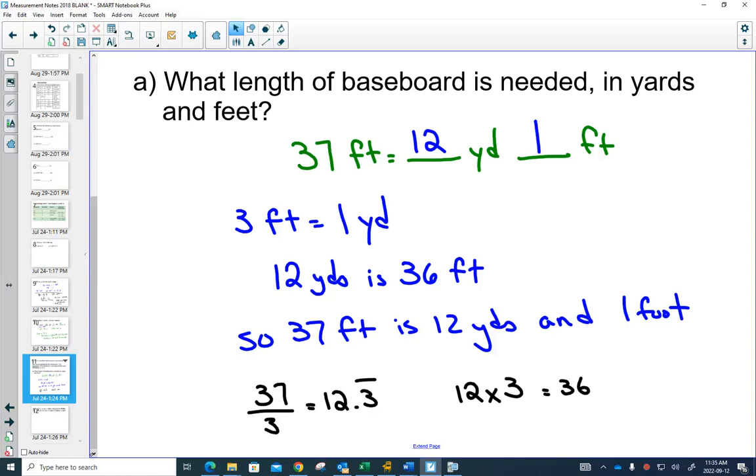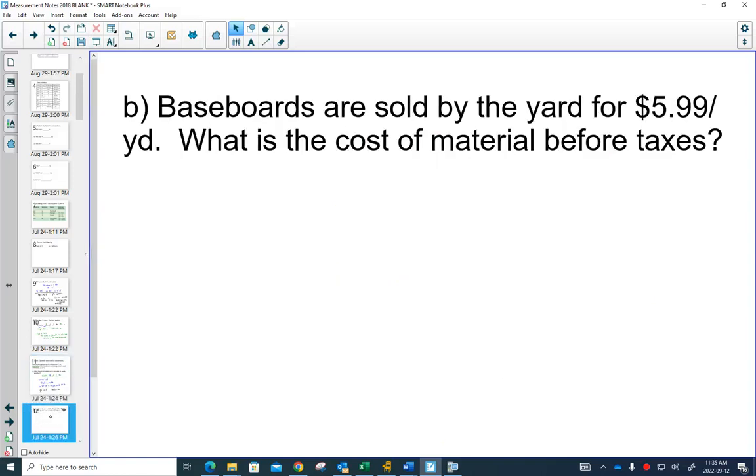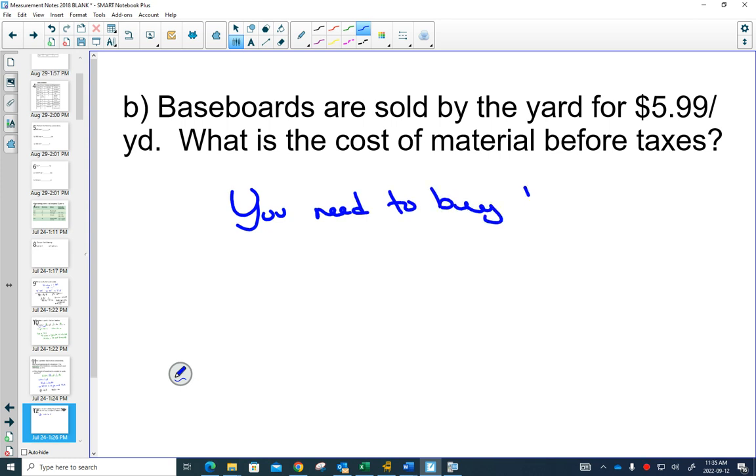Most of the boards that are in Canadian lumber stores come in 8 feet long. But in this one, they're saying they come in sections that are 1 yard long. So you would need to buy how many? You would need to buy 13 yards.